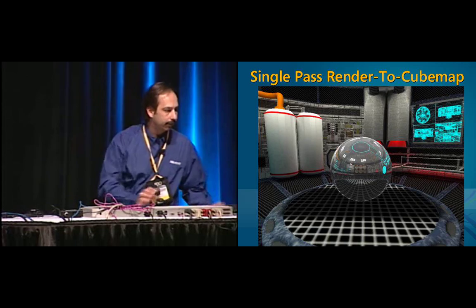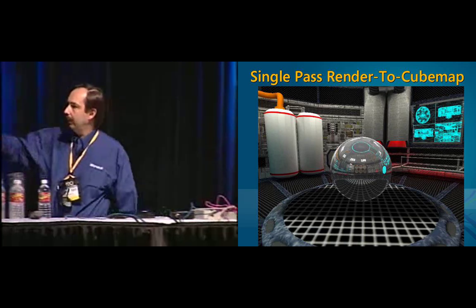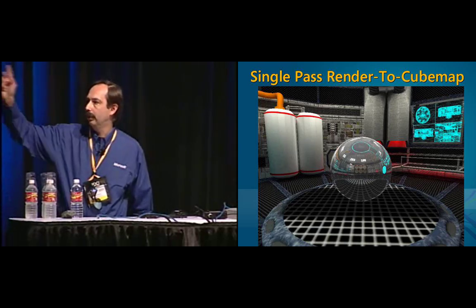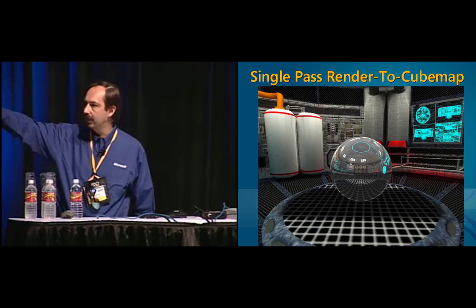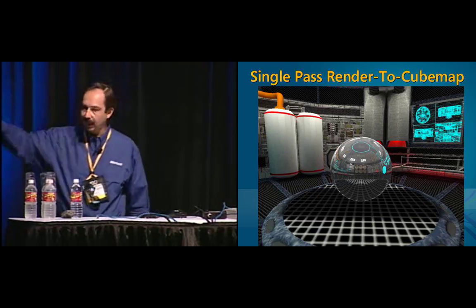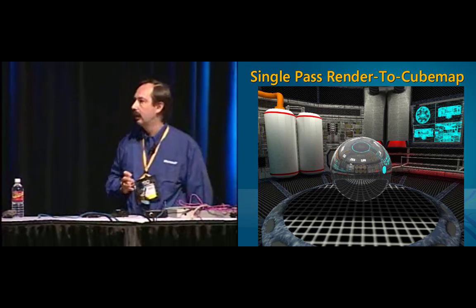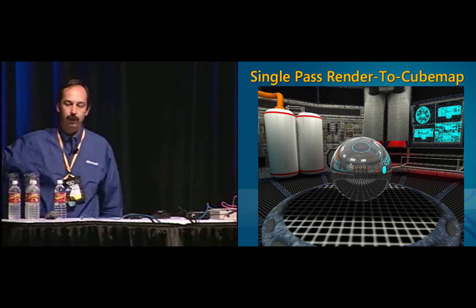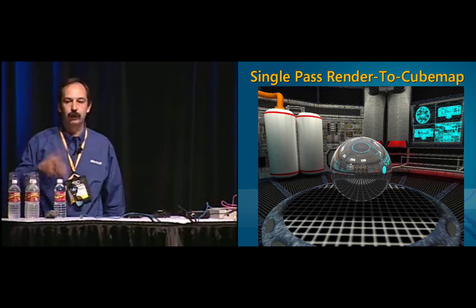Now, this is an example. The animated piece is this thing swirling around the ball. What we're doing is generating the cube map in one pass. This is actually a video, and this was built with D3D10. Since hardware isn't currently available for D3D10 class hardware, this is being done through the software rasterizer.